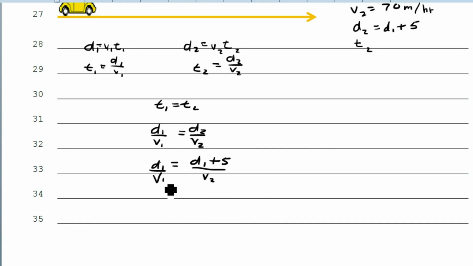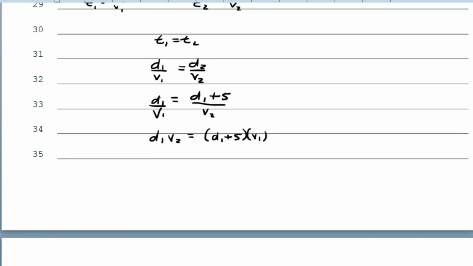First of all, multiply through by V1 times V2. We'll get D1 times V2 equals D1 plus 5 times V1. Expand this out.